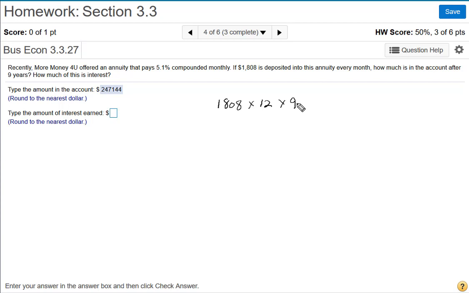Now I'll just enter this into my calculator, I think you can handle that on your own. And the interest is the difference in how much we have at the end of 9 years and how much we actually deposited. So all we do is subtract those two.